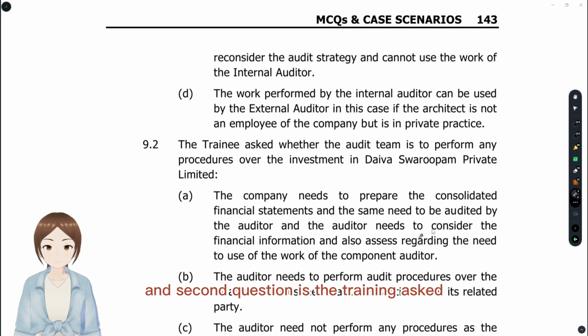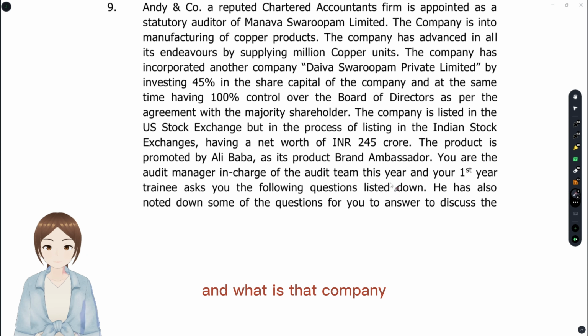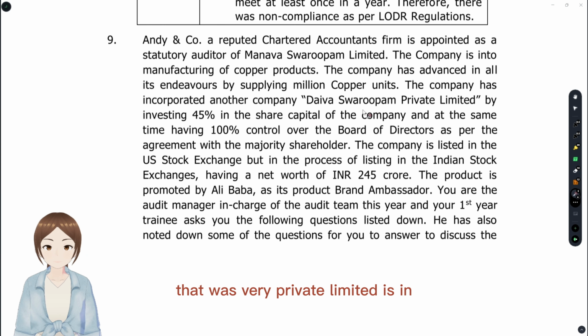And the second question is, the trainee asks whether the audit team is to perform any procedures over the investment of Divas Swaroop Private Limited. What is that company? Divas Swaroop Private Limited is a subsidiary of this company by investing 45% in share capital, and the company has 100% control over its board of directors.